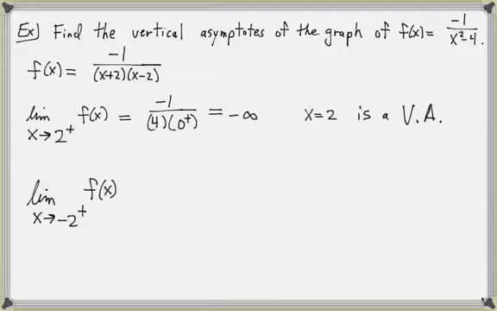Now let's consider the limit as x approaches negative 2 from the right. In this expression, again, the numerator is going to be approaching negative 1, and the first factor in the denominator, x plus 2, will be approaching 0, because negative 2 plus 2 is 0, but since I'm looking at values slightly to the right of negative 2, x plus 2 will go to 0 positively.